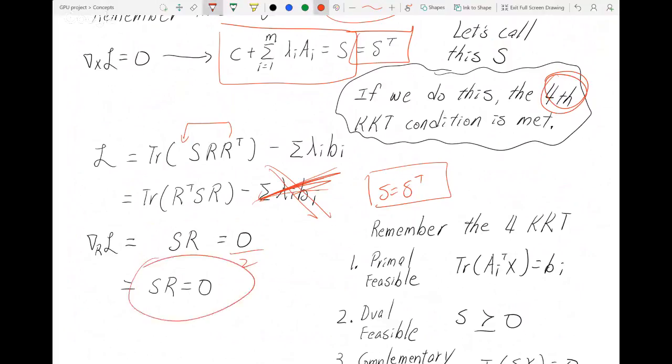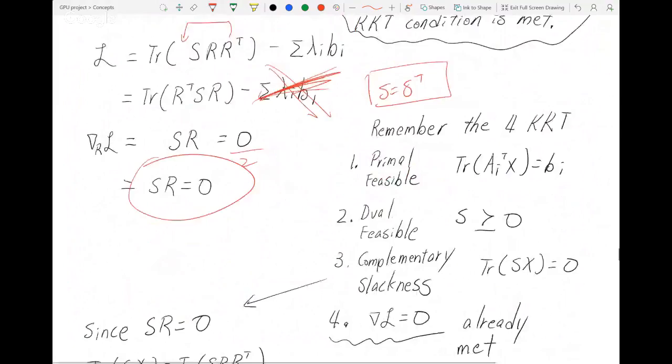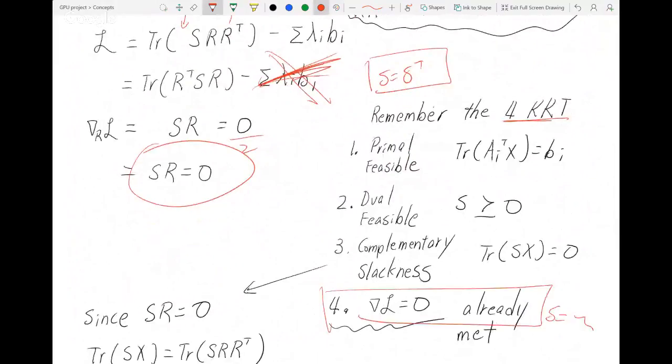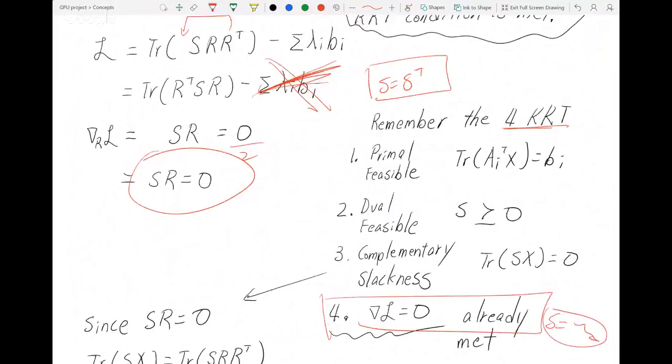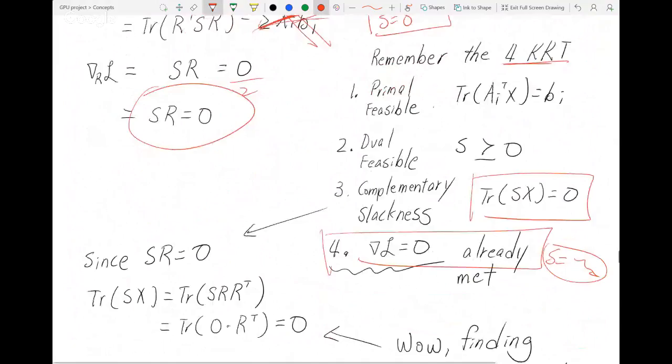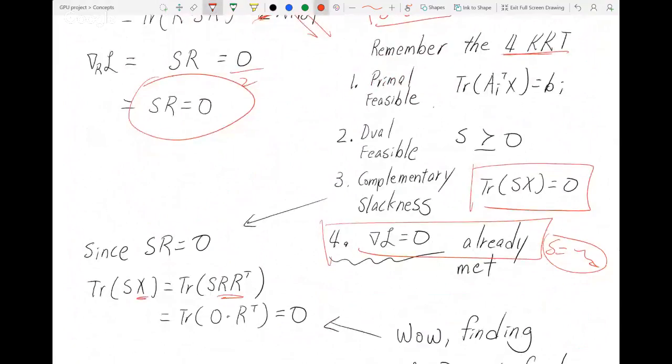So there is the other condition. Well, interesting. If we remember the 4 KKT conditions, we satisfied this one because S is equal to that, whatever that thing was, and we just set it as S. And then after that, we realized that the complementary slackness is also satisfied because, well, if X is R times R transpose and SR is equal to 0, then 0 times R is equal to 0.